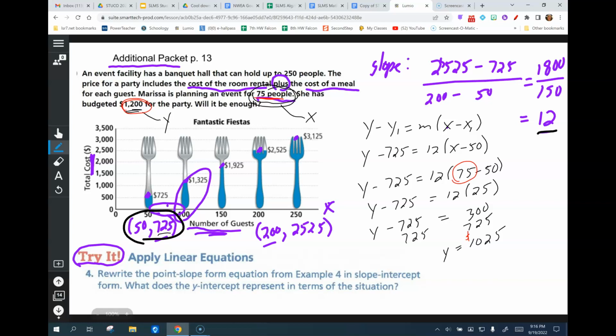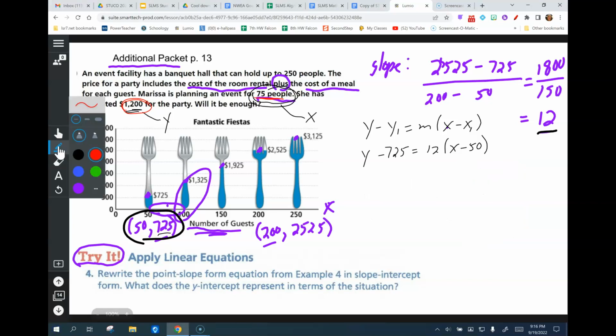What does a y-intercept represent in terms of this situation? I hope you have this all written down because I'm going to pause and erase from here on down. If you don't have it, you might want to write it down or else you're just going to rewind. They wanted me to take my equation that's in point slope form and rewrite it into slope intercept. So I have to get y by itself. Let's clean up our sides.